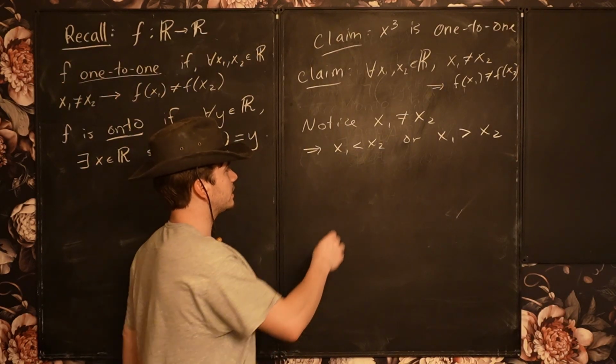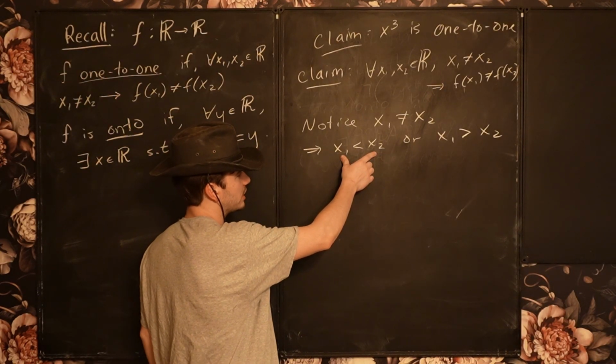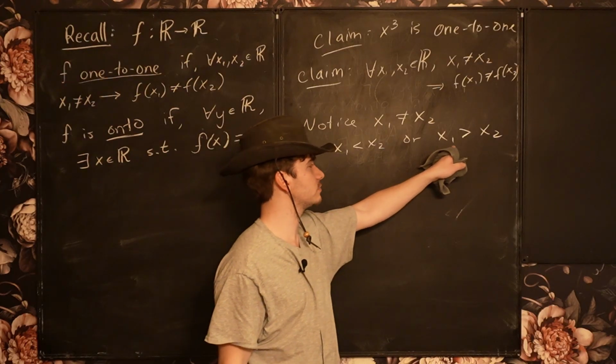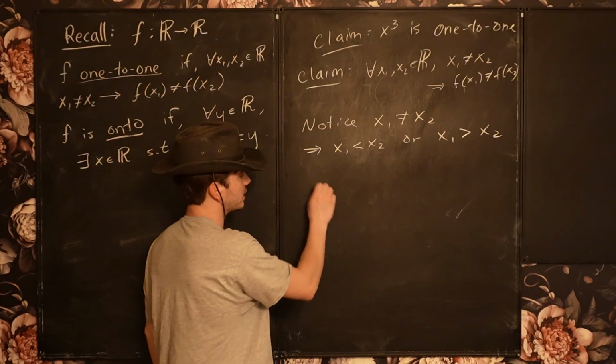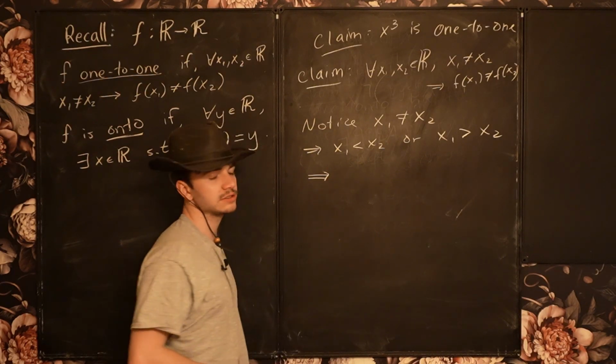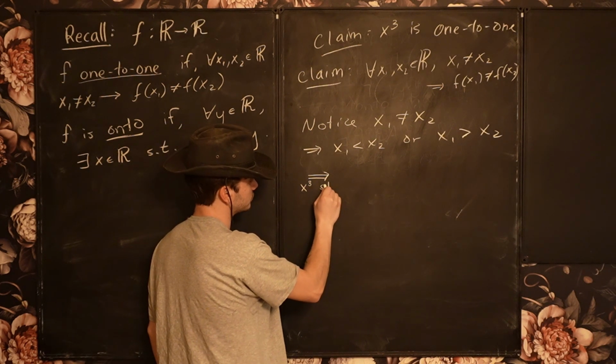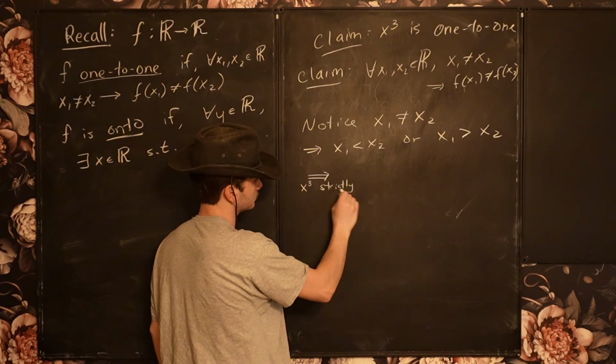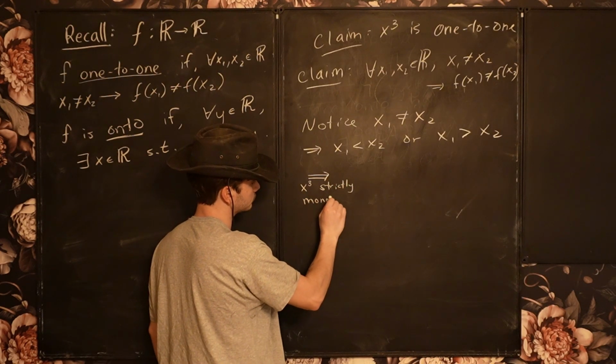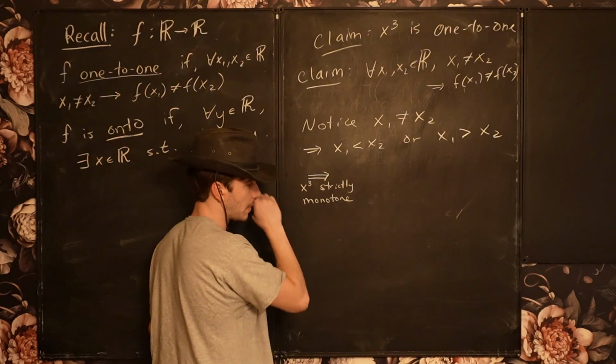So the idea is that we know that x1 is less than x2 or x1 is greater than x2, and then we can use this if we know that x cubed is strictly monotone increasing.